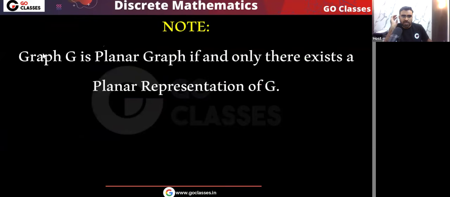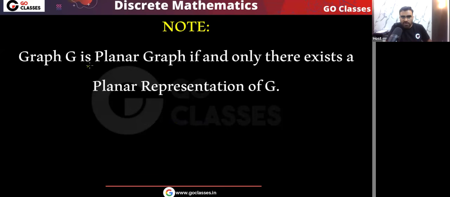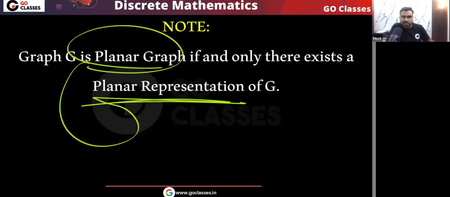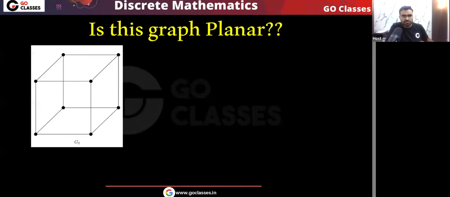Let's see this note. A graph is a planar graph if and only if there exists at least one planar representation. Yes or no? If you have a planar graph, then definitely some planar representation will be there. And if you have a planar representation, then it is a planar graph. So a graph G is planar if and only if there exists a planar representation for G. Tell me, is this graph a planar graph? The answer is yes.